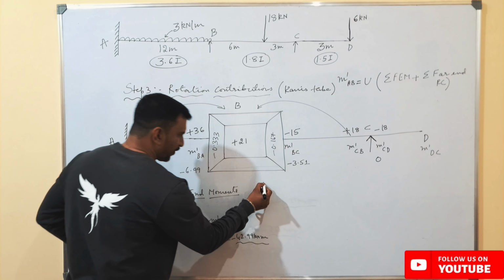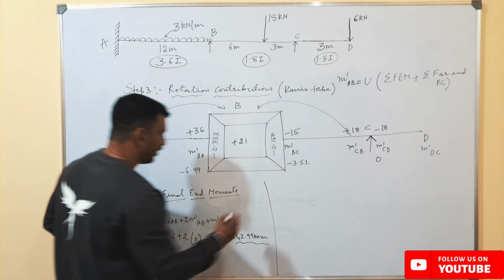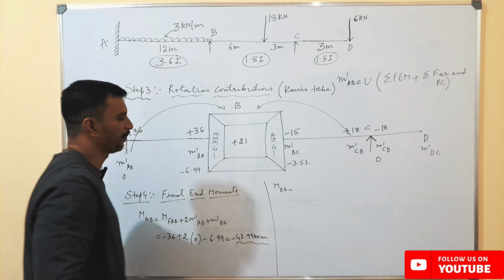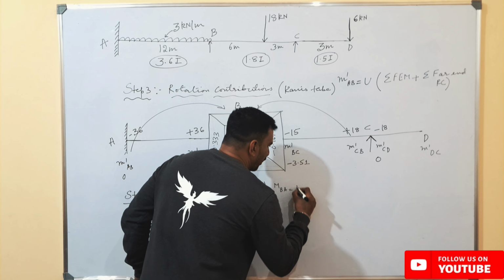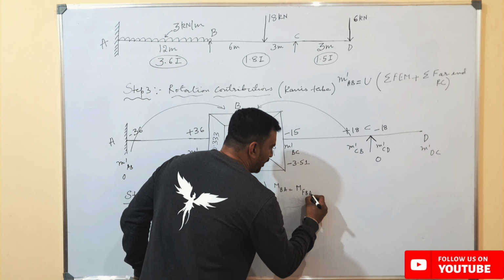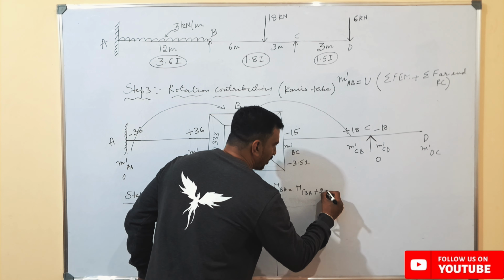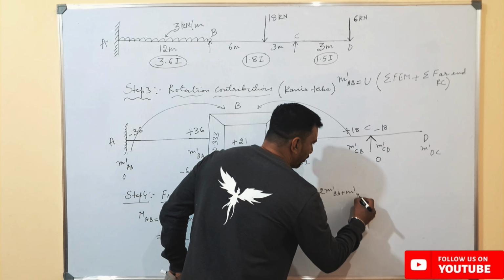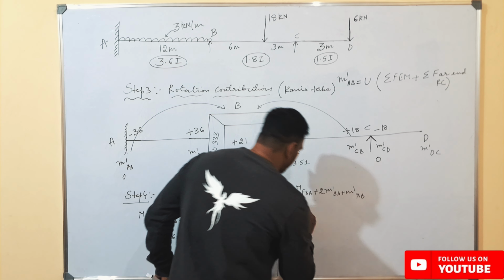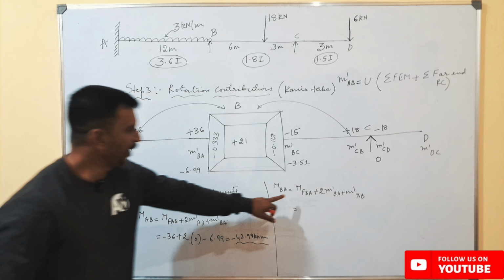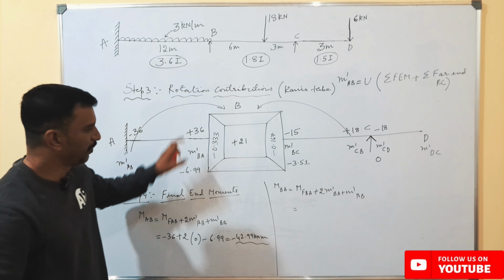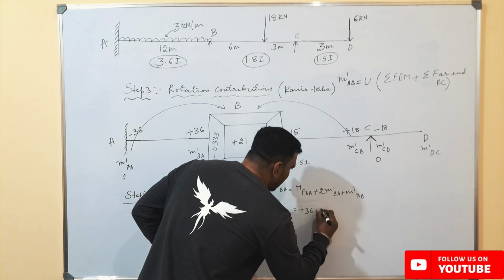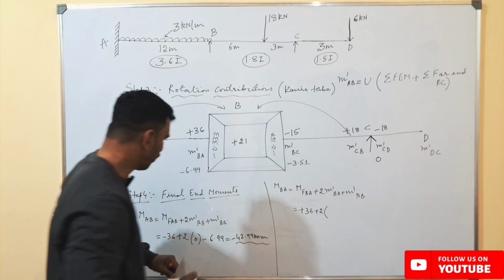Same way here, if I consider the final end moment from point B to A, that is fixed end moment from B to A plus 2 times rotation contribution about the near end plus 1 times rotation contribution about the far end. So fixed end moment from B to A, how much we have got here? Plus 36, plus 2 times the rotation contribution about the near end.